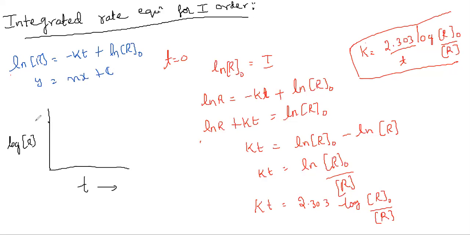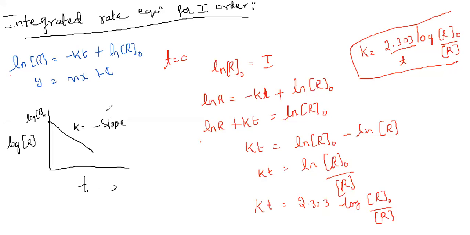So this is the intercept. Here the intercept will be log of r naught. Slope is again negative. Slope is going to be negative here in case of first order as well.